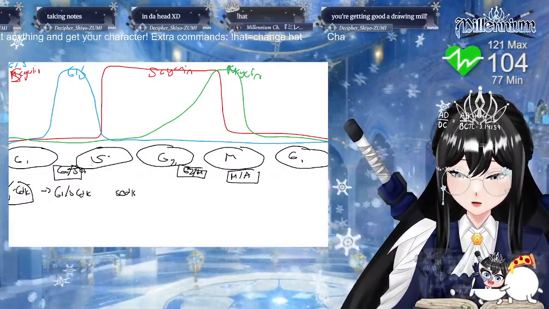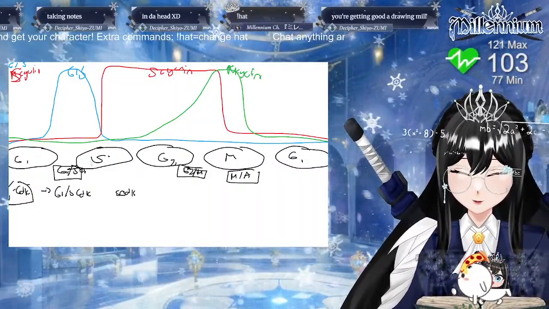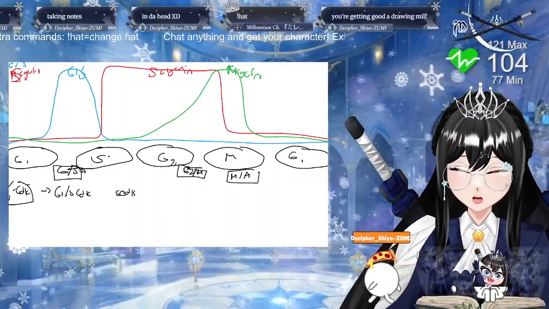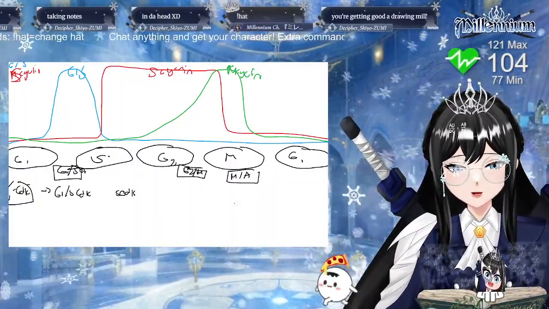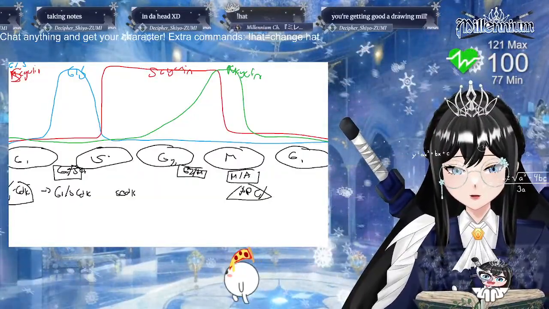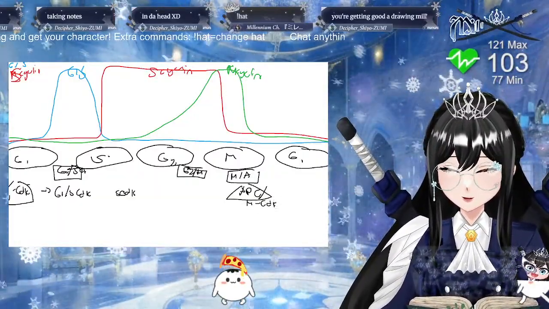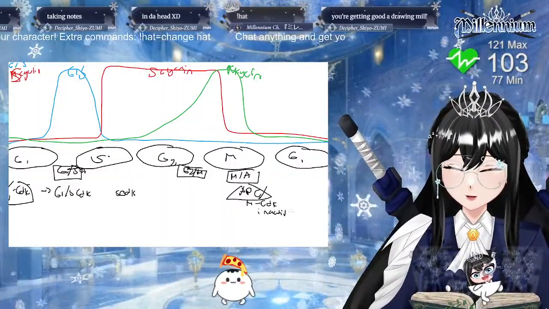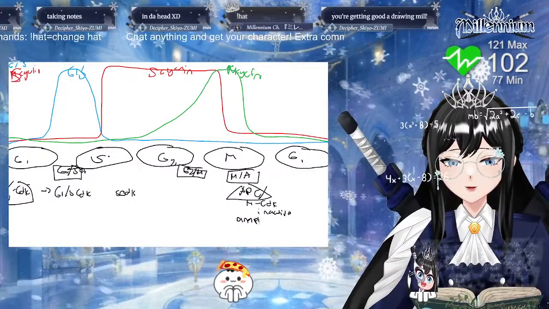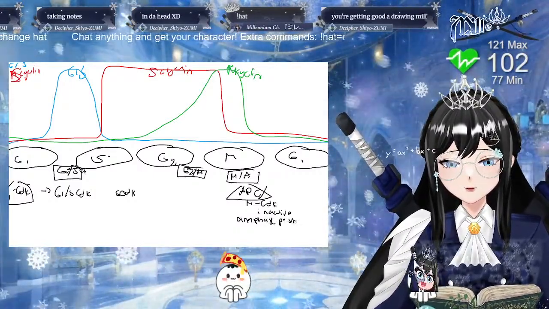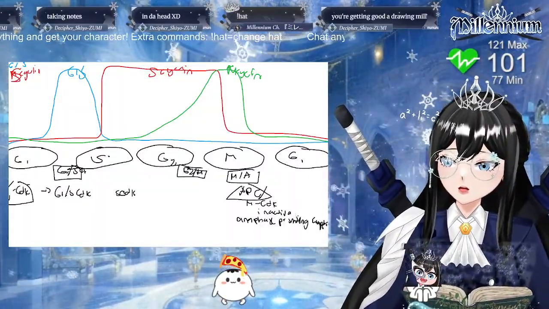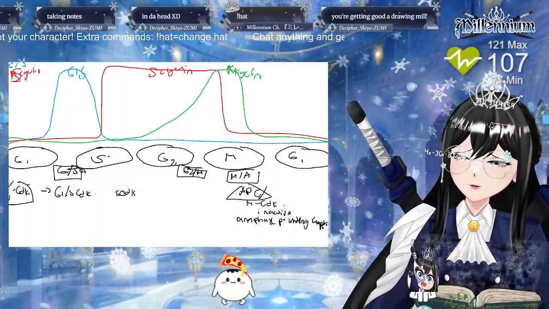Now, there is a very specific thing in the M/A one that I want to highlight, and that is the APC, which is the M CDK inactivation complex, the anaphase promoting complex. Oh my gosh, is this the same one in the Wnt pathway? Maybe.